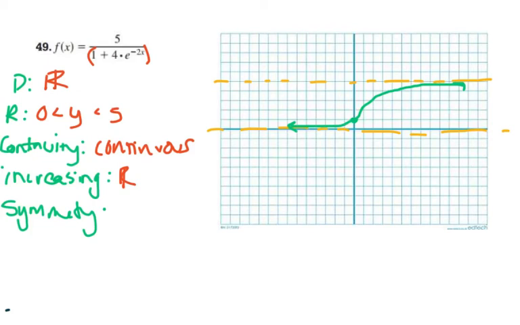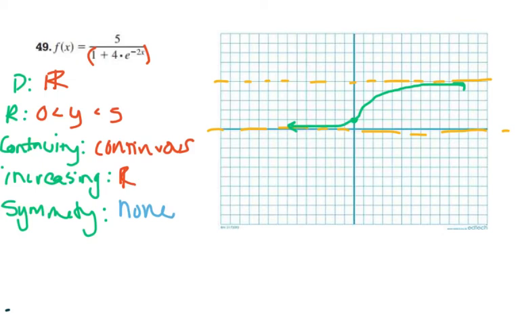The symmetry, I mean, technically there's going to be kind of a point halfway between here, but that would rotate more or less as long as it grows, but I don't think it does. So we're just going to say none, because technically when they're asking symmetry, they're really just asking, is it an axis or the origin? And it's neither of those at this point. We can get more specific, but we don't need to.